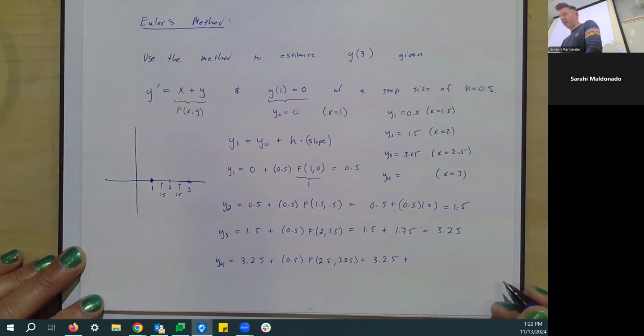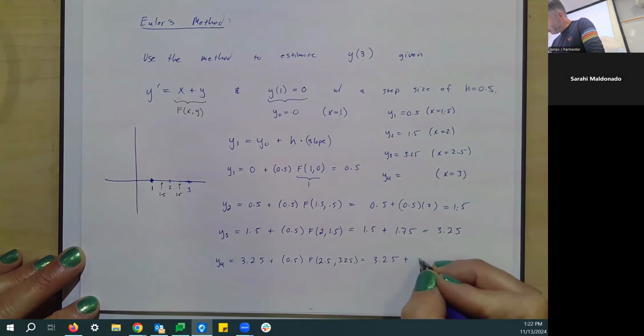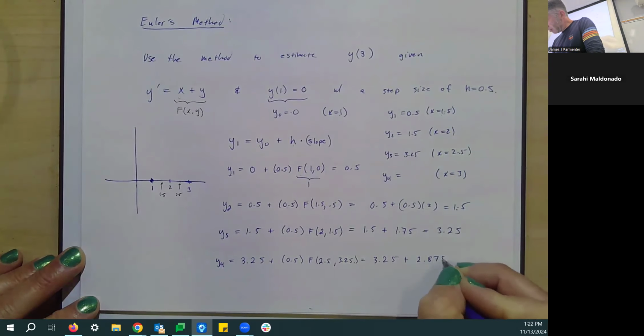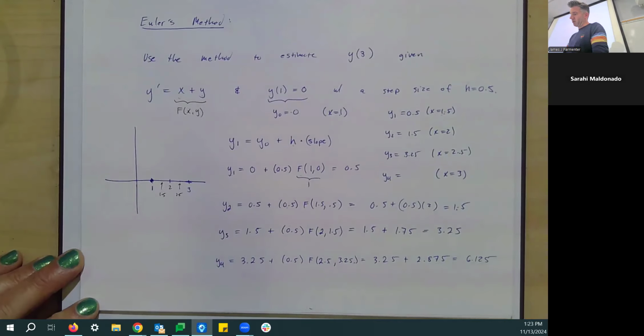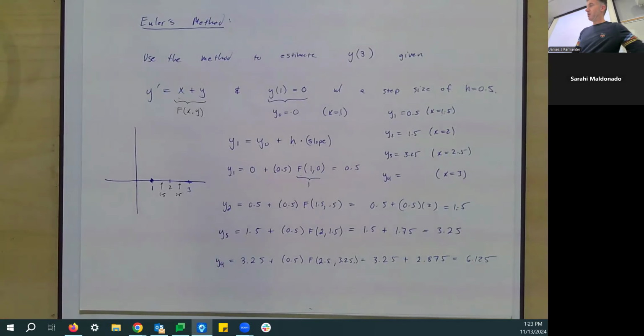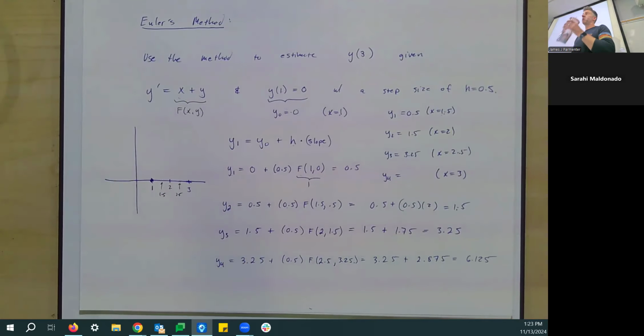Half of 5.75 is 2.875, plus 3.25 is 6.125. I think that seems right. Close enough. So that's our estimate of y of 3 given this differential equation with this initial condition. Okay.